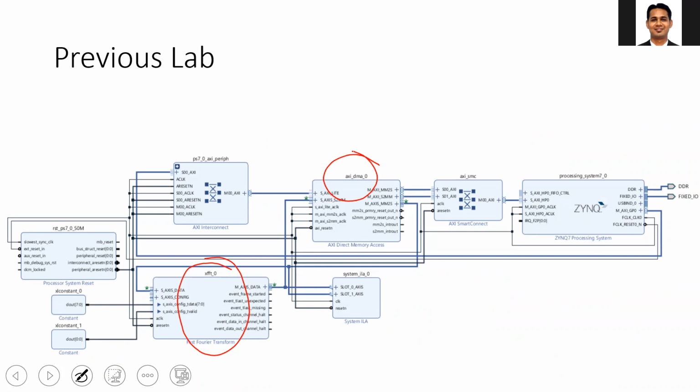Now, the issue with the previous lab, which we have done on the SDK, is that we can't verify the functionality or the correctness of our system without the board. On the FPGA-only labs, we can verify the functionality by writing the test bench and checking the simulation waveform.